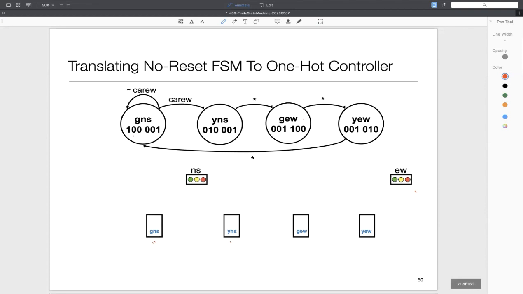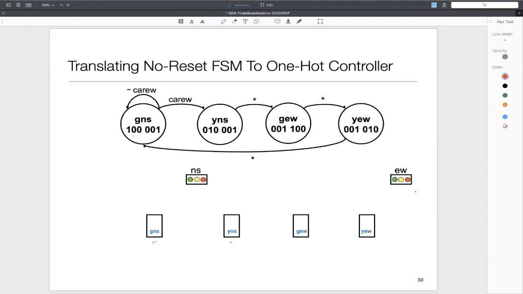Now let's see how we will do our design. Let's say I'm in the state GNS. If I'm in the state GNS, I have to take care of 2 things: I need to move to the right state, and I have to have the output correct. Let's first focus on the transitions. If I'm in GNS, and if car east-west is 1, then I have to move to YNS.